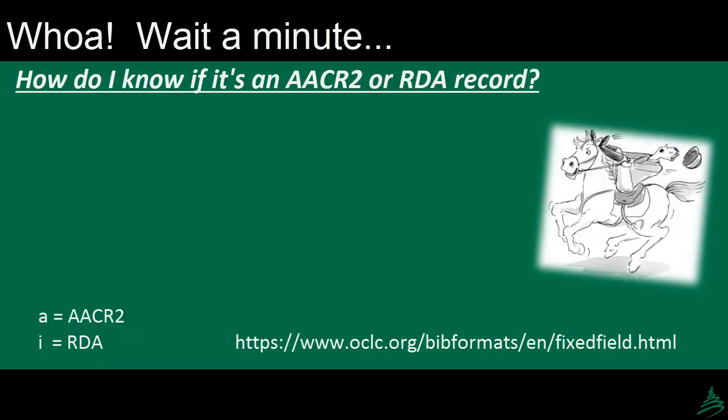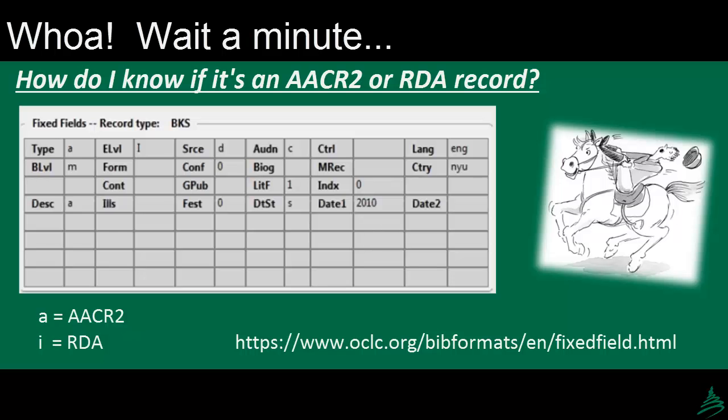Okay, hold your horses here. Wait a minute. How do I know if I'm looking at an AACR2 record or an RDA record? Well, your first clue is going to be if you've got those goofy-looking 3XX fields. But the indicator to the computer is in the fixed field screen under the description.